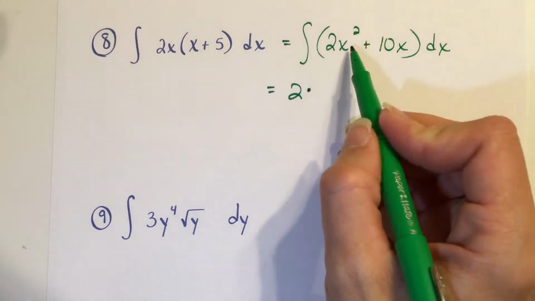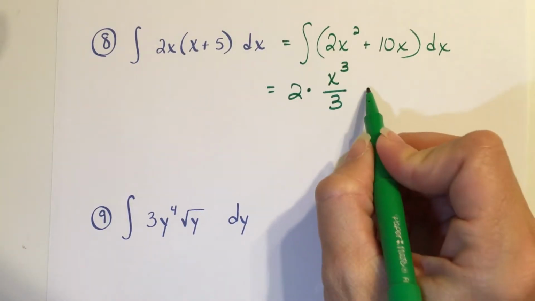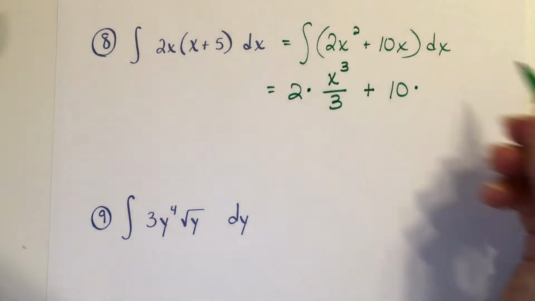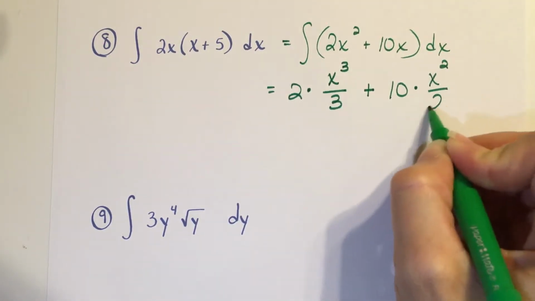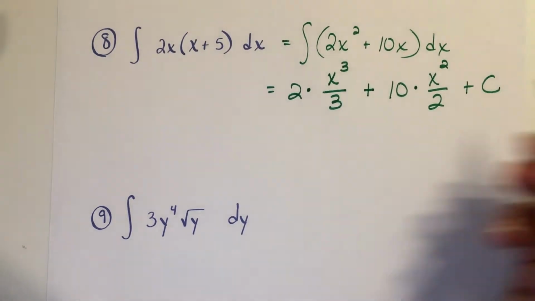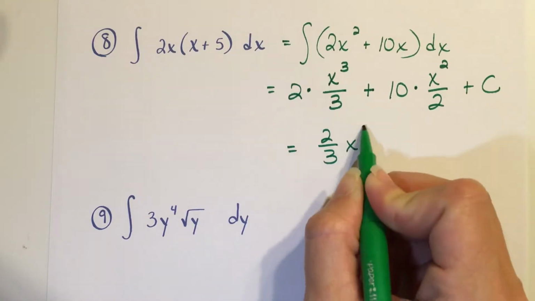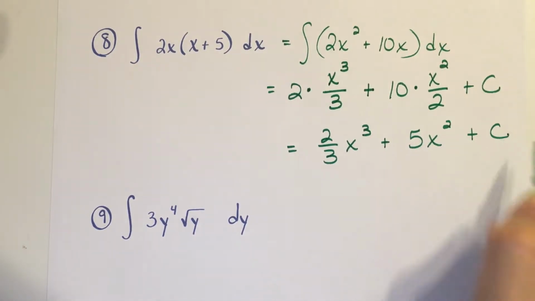So using your power rule, you would have x to the third divided by 3 plus 10, again, is a constant multiple. Using your power rule on x, so increase your power by 1, divide by your power plus c. Okay, so we would have 2/3 x cubed plus 5x squared plus c.